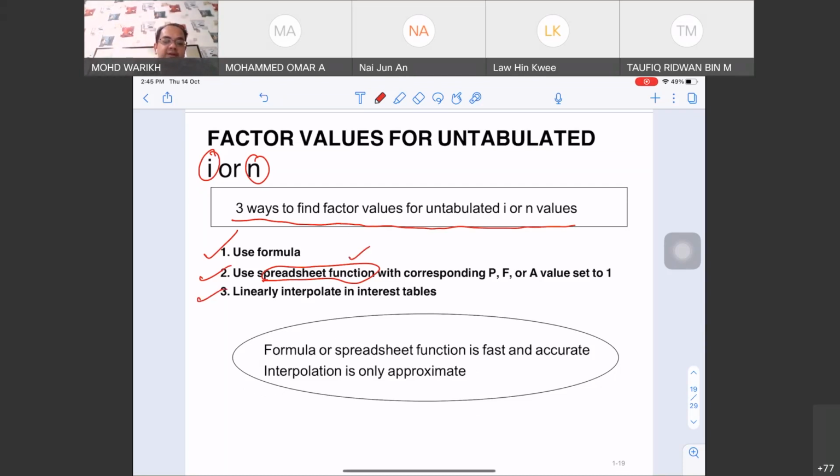The third one, a very famous one, is to use linear interpolation in the interest table. Maybe your answer is between 8 and 9% i. You cannot give a number in between; we have to give the exact value of i. That means you have to use interpolation. You refer to the table for the numbers and then you do the interpolation.